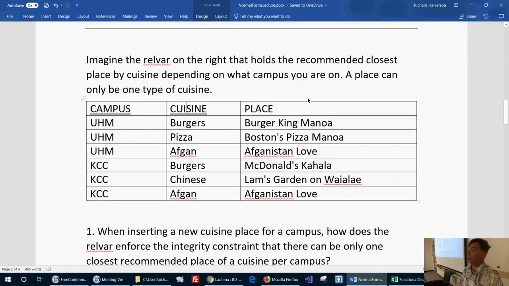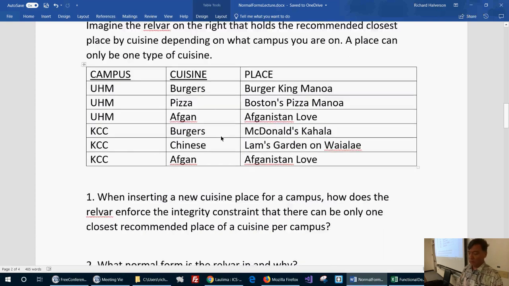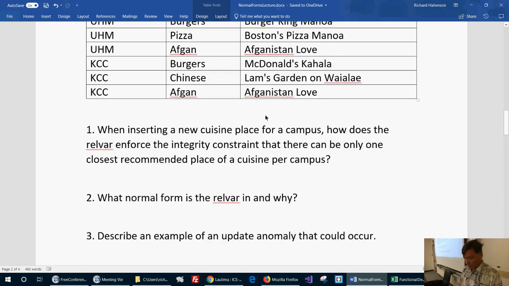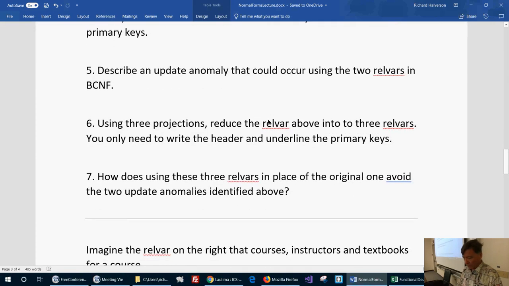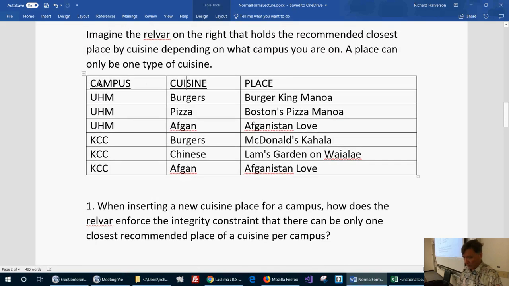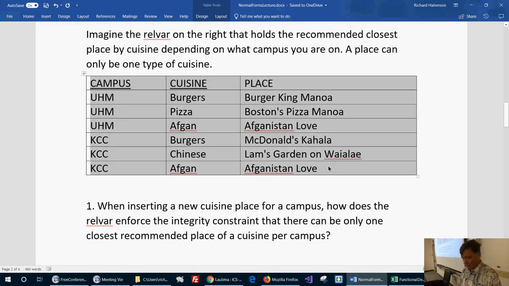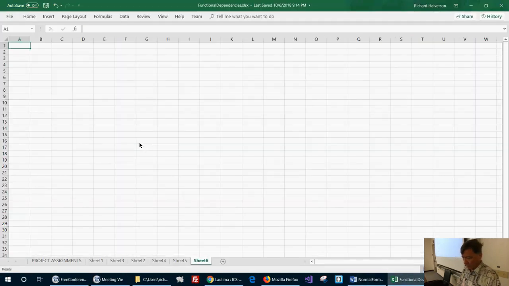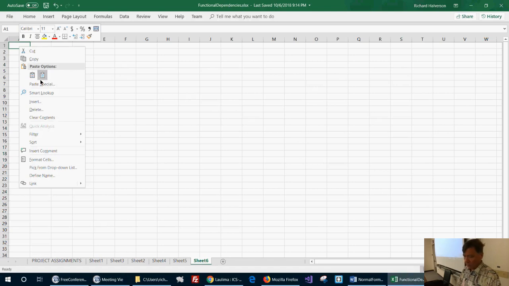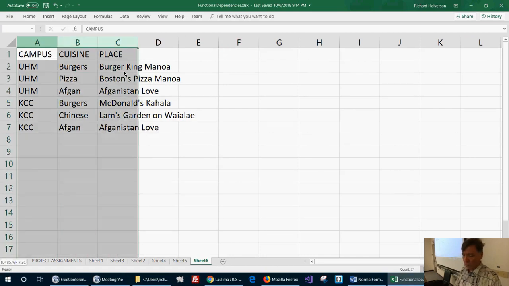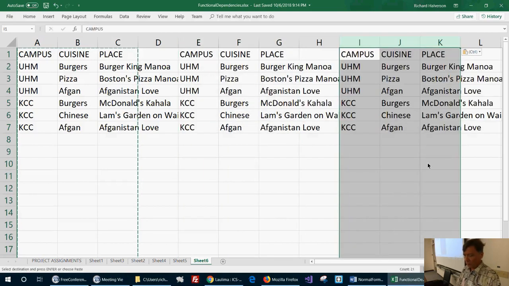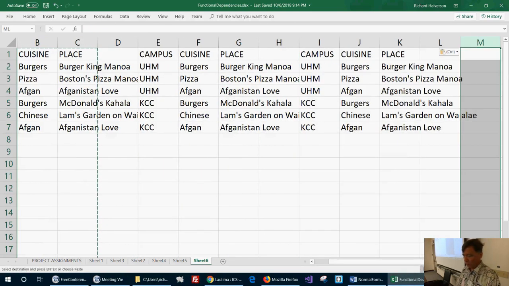So it's a case where it's in 3NF, but not in BCNF, because of this partial key thing. The way we would fix it is the same kind of thing as the last one. Let's copy it over, and we would just make three of them: 1, 2, 3.